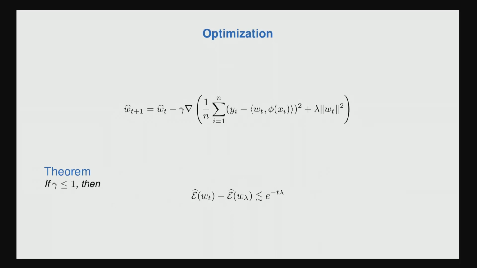I'm going to update my solution WT with an iterative method that takes into account the gradients of the previous problem. And now, what the optimization person says is that the Tth iteration of the algorithm converges to the exact solution at a certain rate. But again, here I don't have anything about generalization properties.